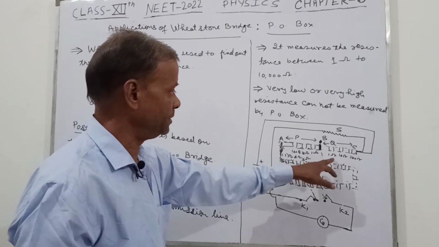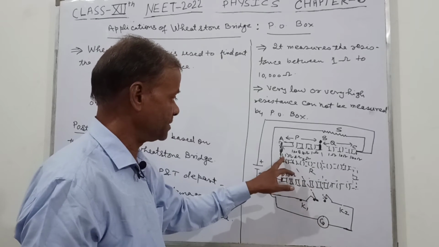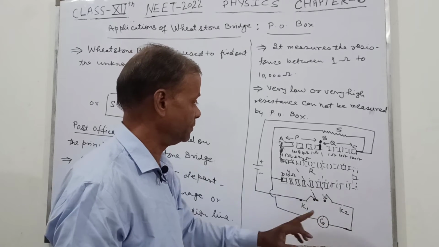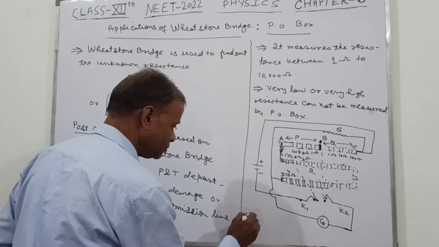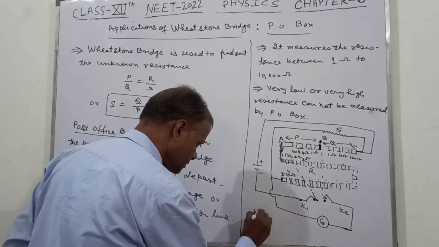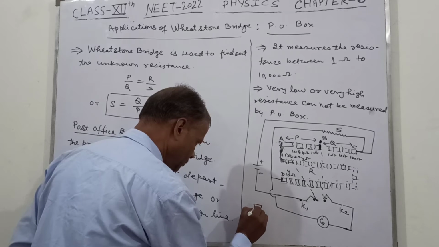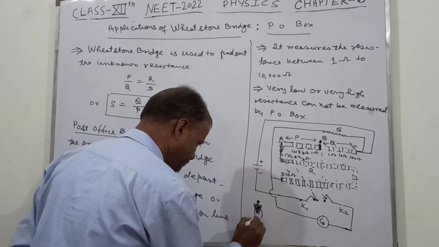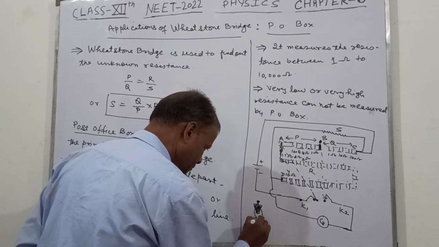This is arm P, this is arm Q, this is arm R containing resistance from 1 to 10,000 ohm. And they are different resistances. Here we have this resistance.